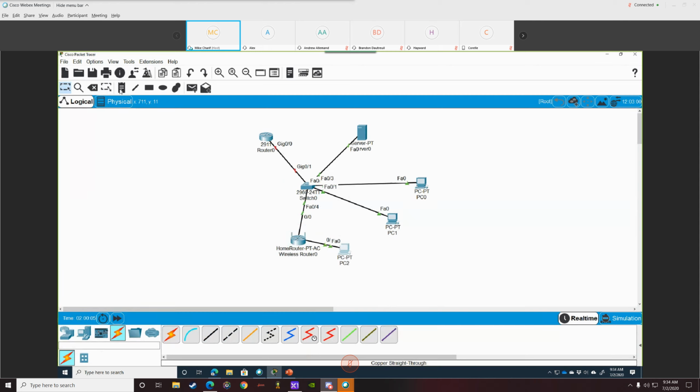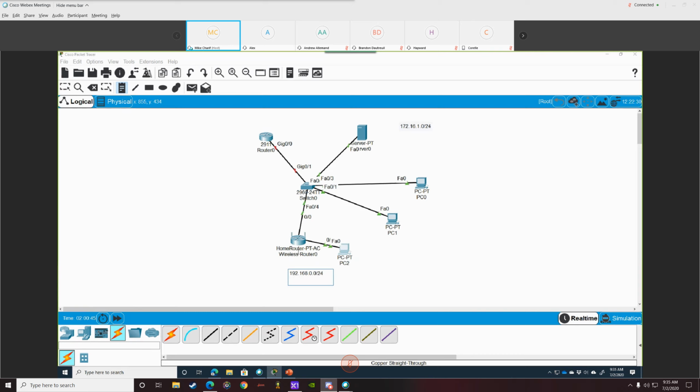Let's say this one is the 172.16.1.0/24 subnet, and this guy here is by default 192.168.0.0/24.